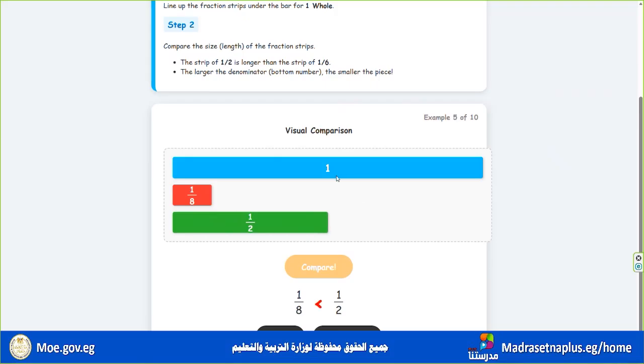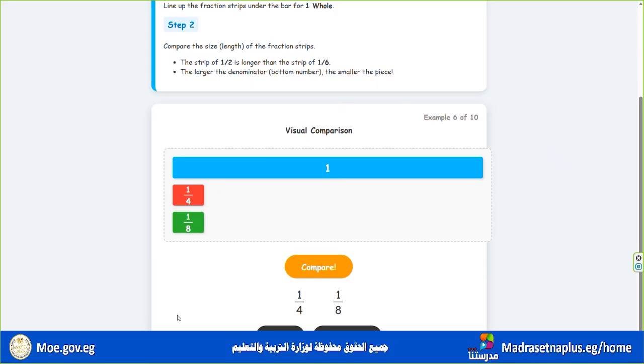So if we have two same rectangles, you divide one of them into two equal parts and take one of them, and the other into 8 equal parts and take one of them. So one part of 2 is greater than one part of 8. That means 1/8 is smaller or less than half.